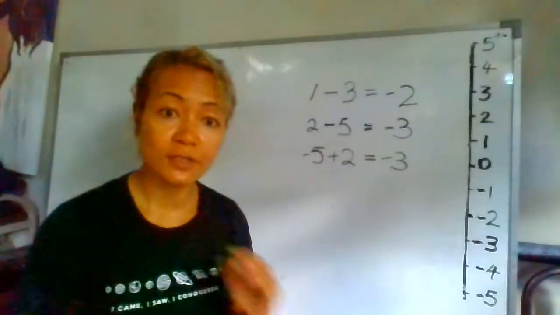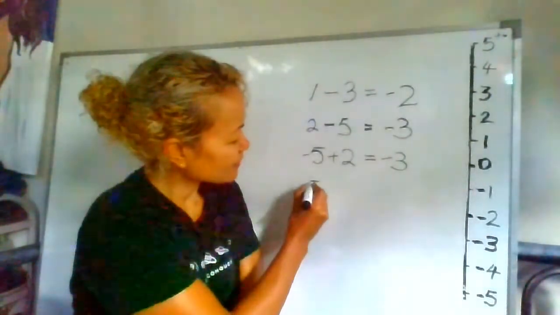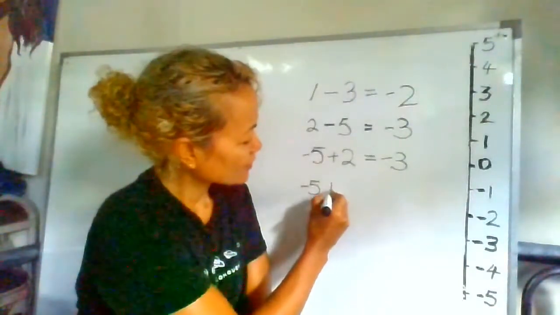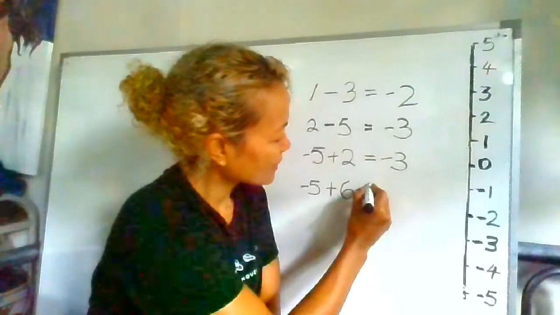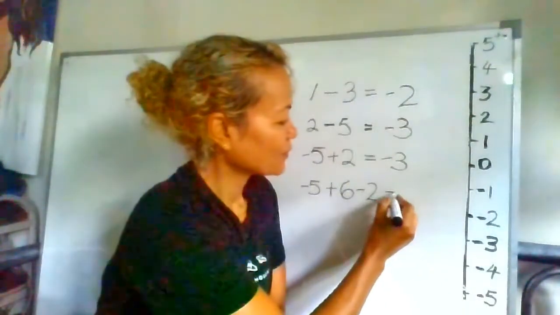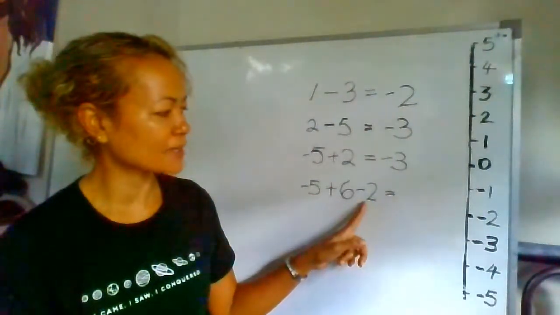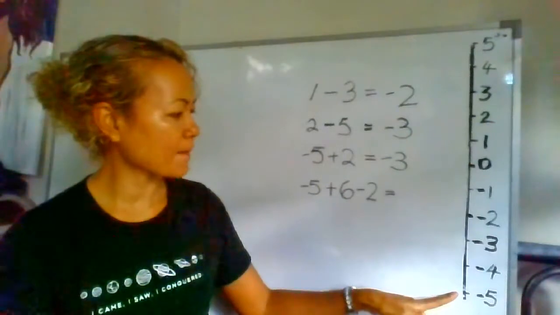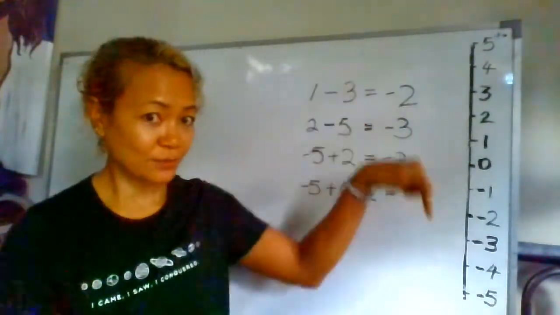Okay, what if we put 3 in a row? Minus 5 plus 6 minus 2. What about something like that? So you're going to start at minus 5, you're going to go up 6, and then you're going to go down 2.